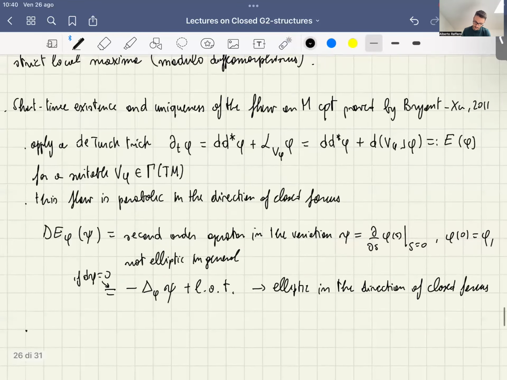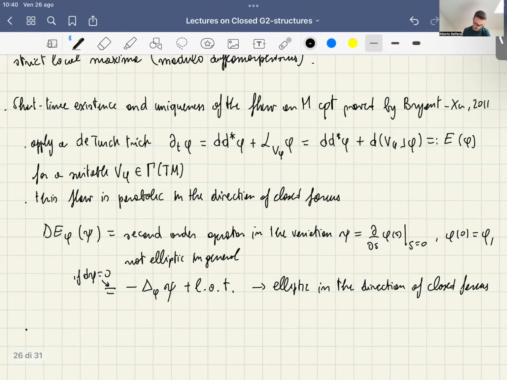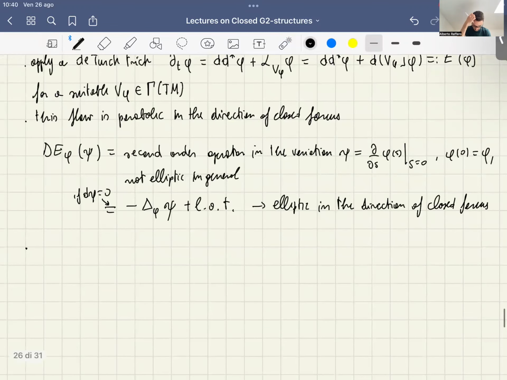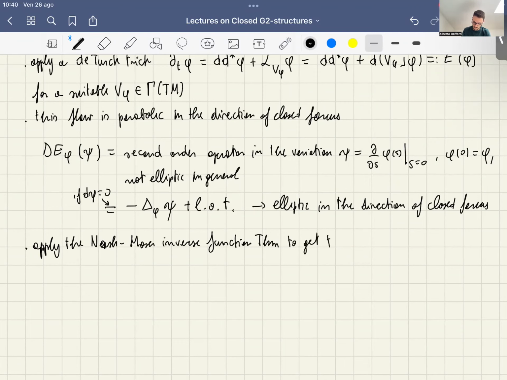So now the idea of this proof from Bryant and Su goes as follows. You apply the Nash-Moser inverse function theorem to get the thesis for the modified flow.